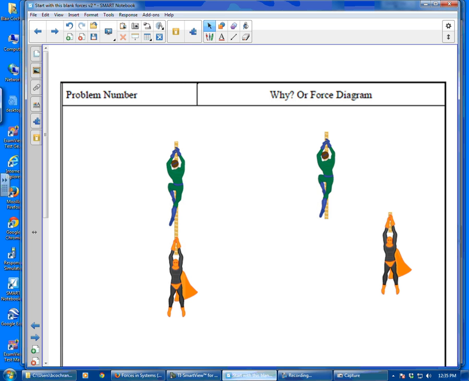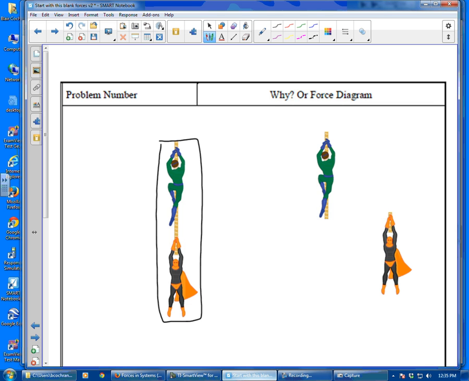So, for the system, which would be both of them together, we would have the total weight down and tension 1 up, let's call it. And no acceleration, right? This is number 7.